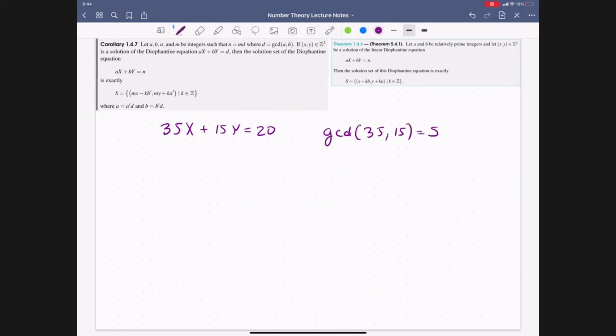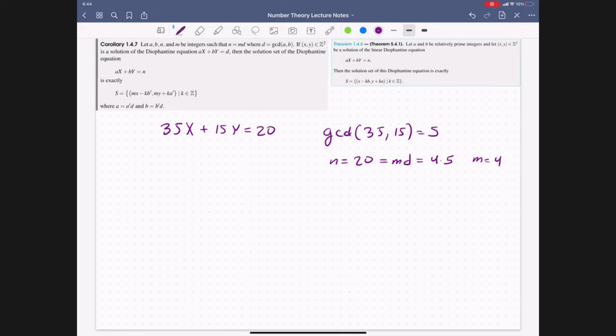Then we're going to write n, which in our case is 20, as m times d. In other words, here we have 4 times 5, so m is equal to 4.